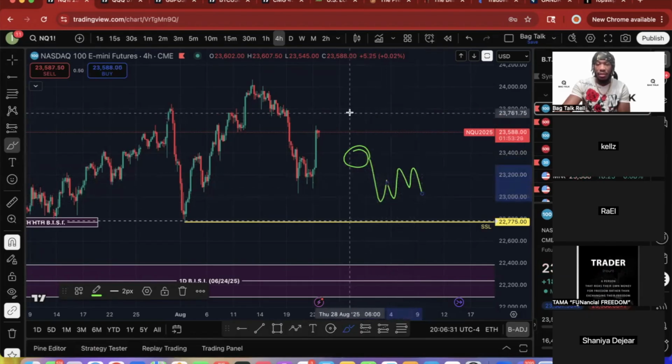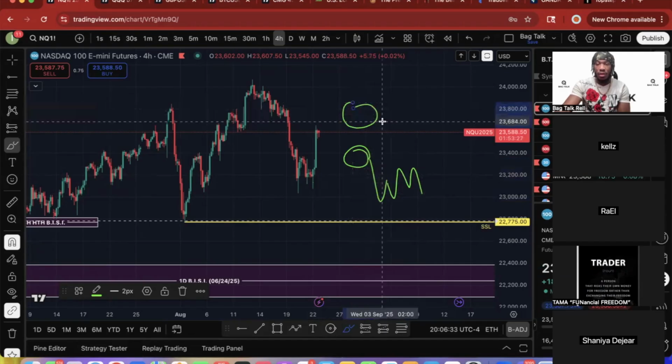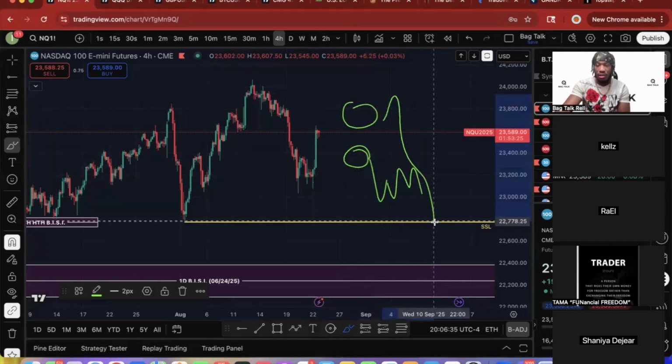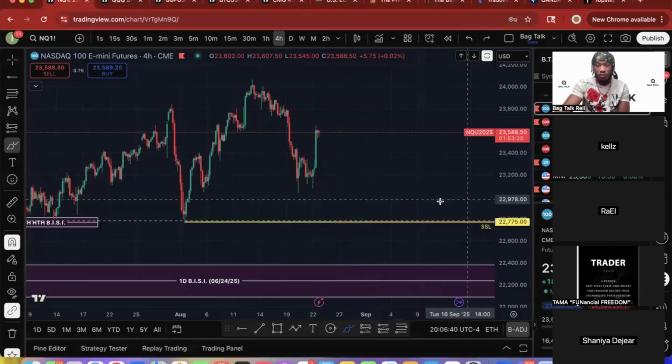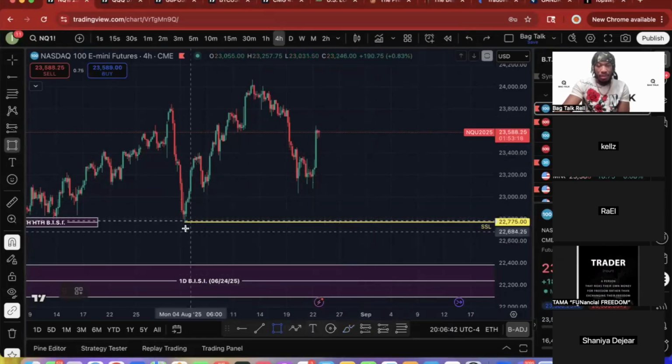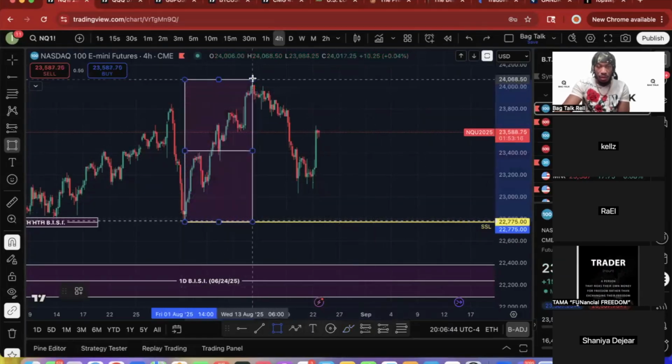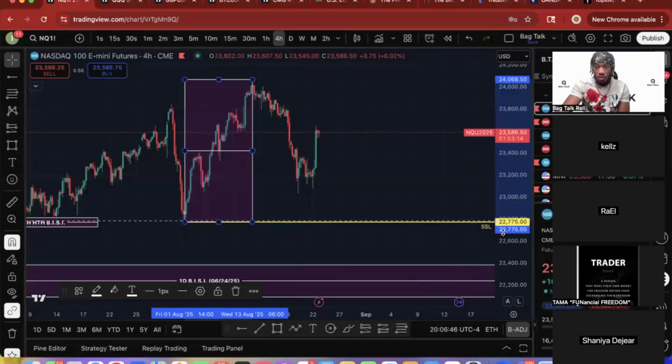Or if it's sitting at the top, it could come up here and then trade to the downside. I'm just trying to say you can make aggressive moves within this range, because this range spans from 22,775 to 24,068. So this is almost 1,400 points, right?